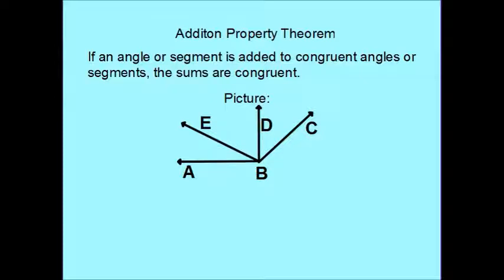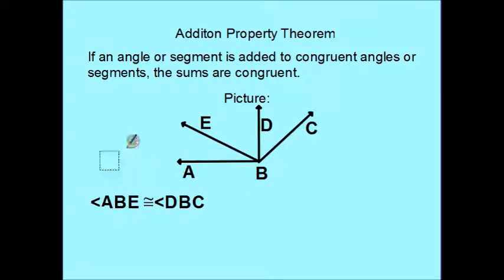Now the first thing I want to point out over here is that we have 3 small angles, 2 medium-sized angles, so it's angle EBC and angle DBA, and 1 large angle, angle ABC. Okay, now let's say this is what we know. Let's say that we know that angle ABE is going to be congruent to angle DBC.